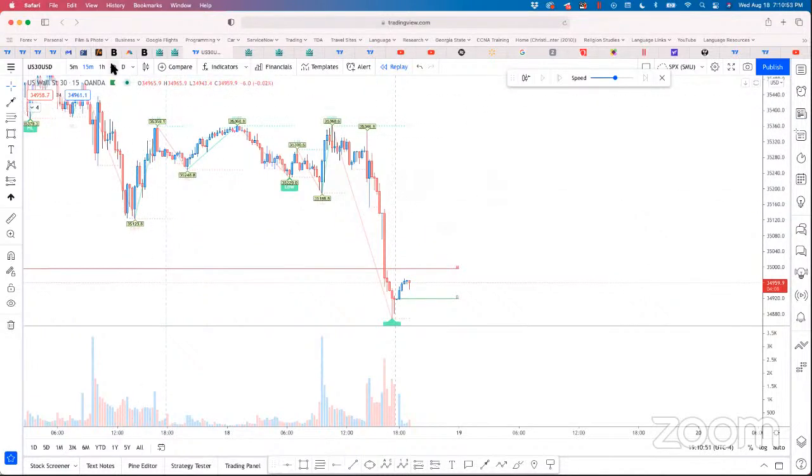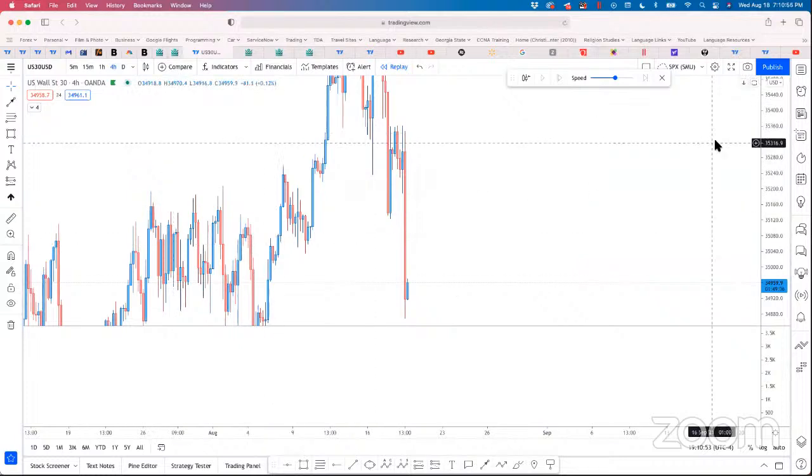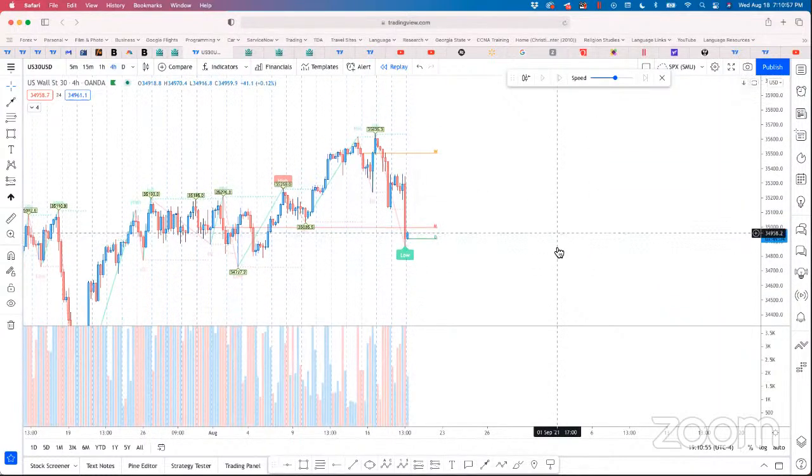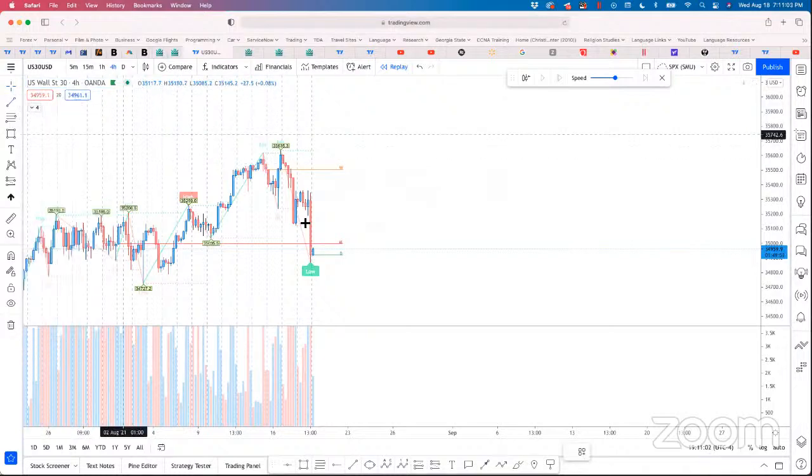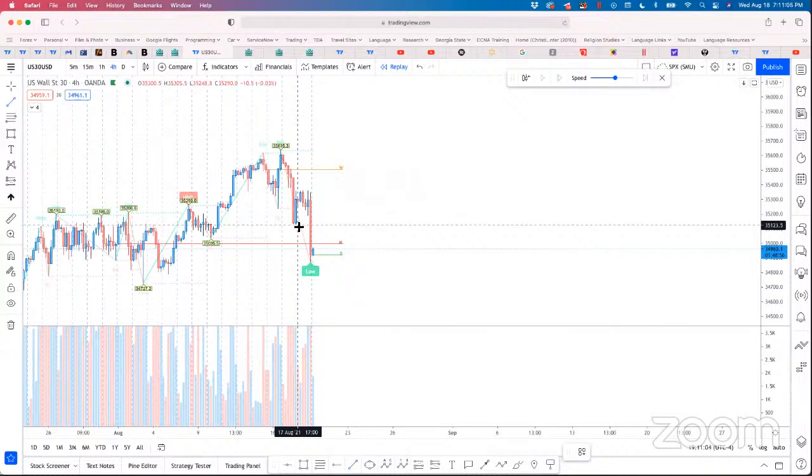Yes. Where we would get a rebalance right here on the 4 hour. This is also our new order block.